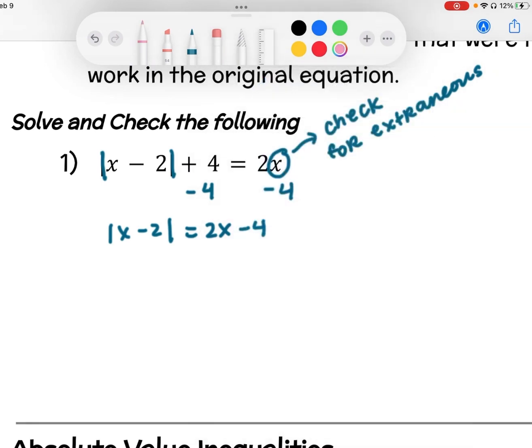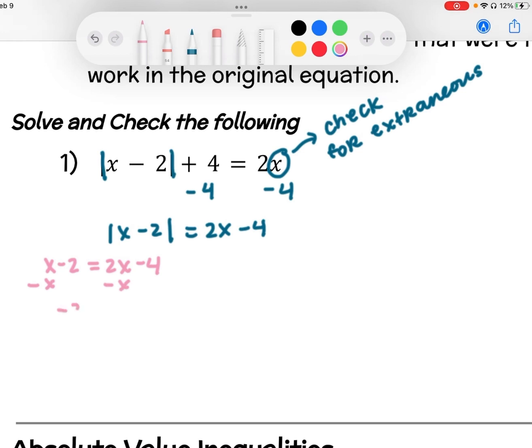All right, I'm going to split up my cases now. I'm going to make my positive case pink. So I'm going to do x minus 2 equals 2x minus 4, and we're going to go ahead and solve that one for x. Remember, your positive case is just literally dropping the absolute value bars, leaving everything the same, and then just solving. So I'm going to subtract x from both sides.